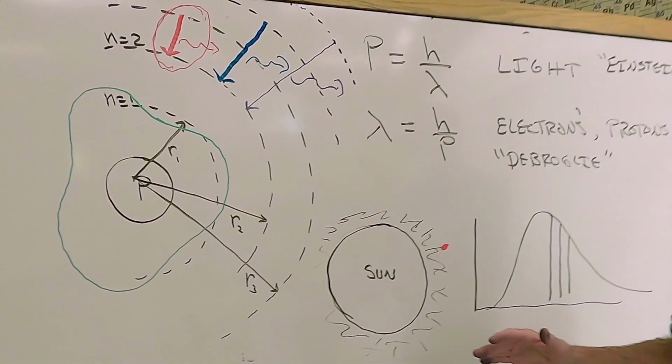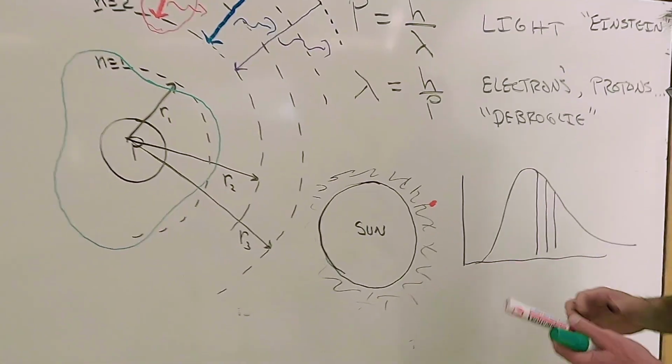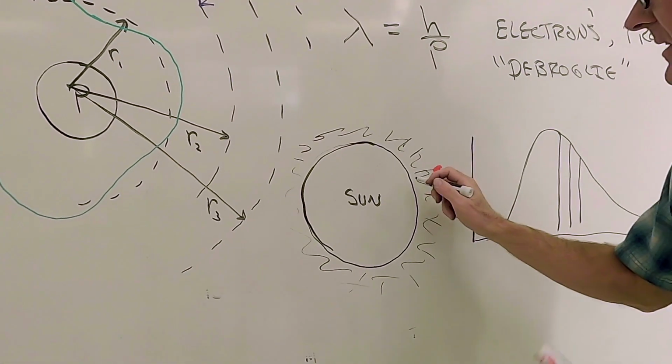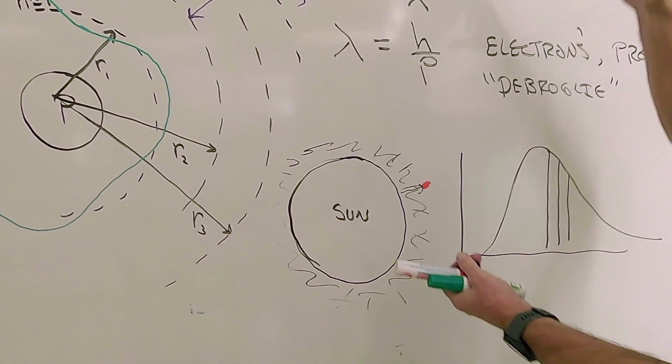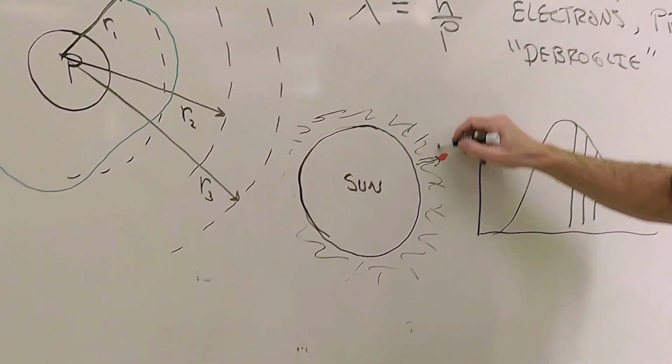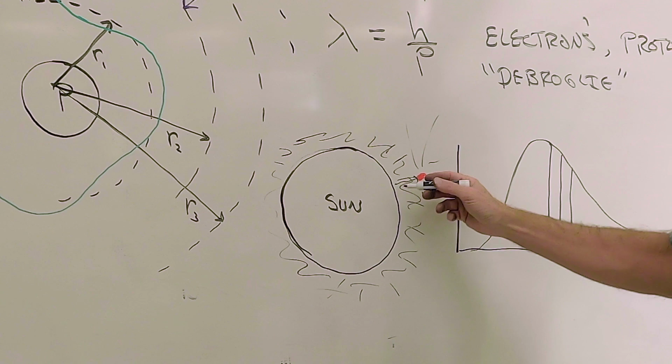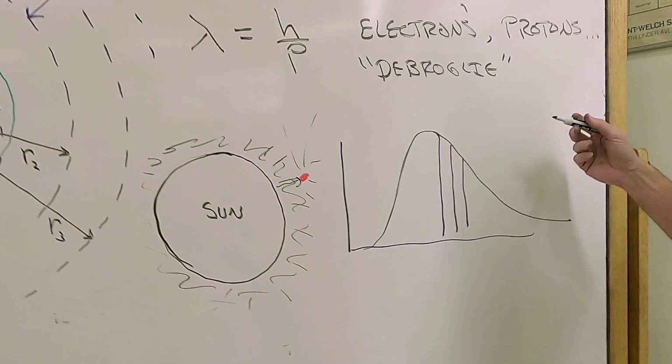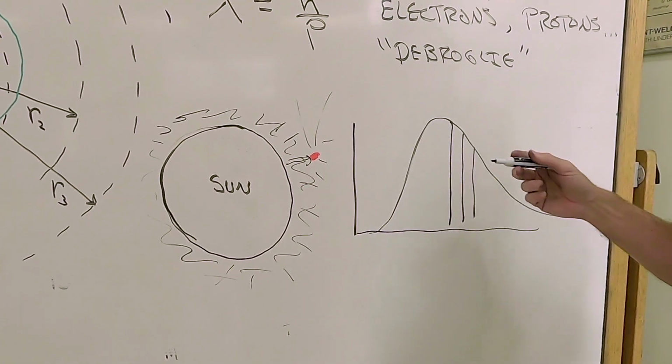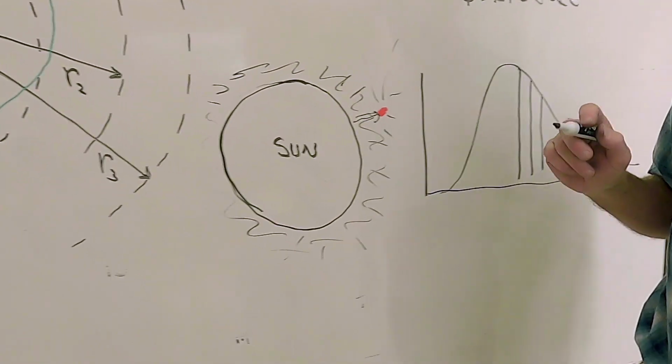But when it drops back down, it's not going to throw it in the same direction. So that light that was coming out and hitting it, excited it, dropped it back down, it could be off in any other direction. The odds that it's going in the same direction are pretty slim. And so you get a decrease in that one frequency.